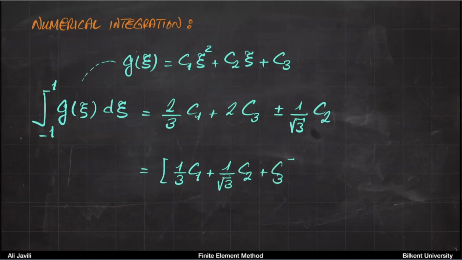That would be the first term. And then the second term would look like 1/3 c1 minus 1 over square root of 3 c2 plus c3. Okay.